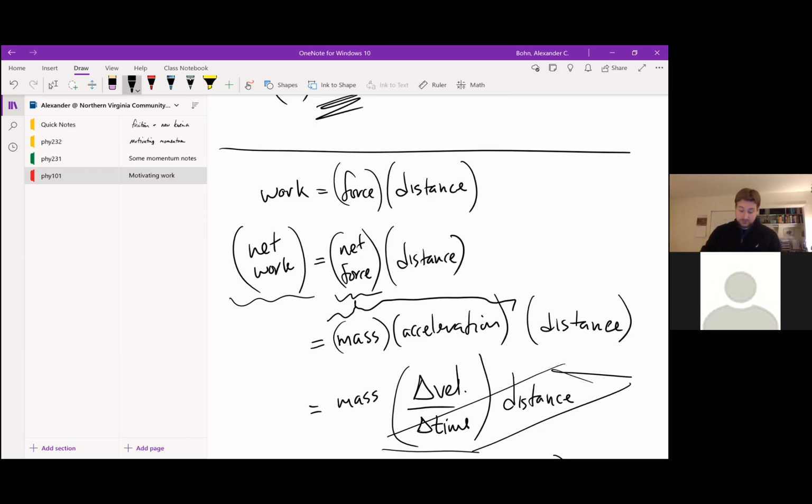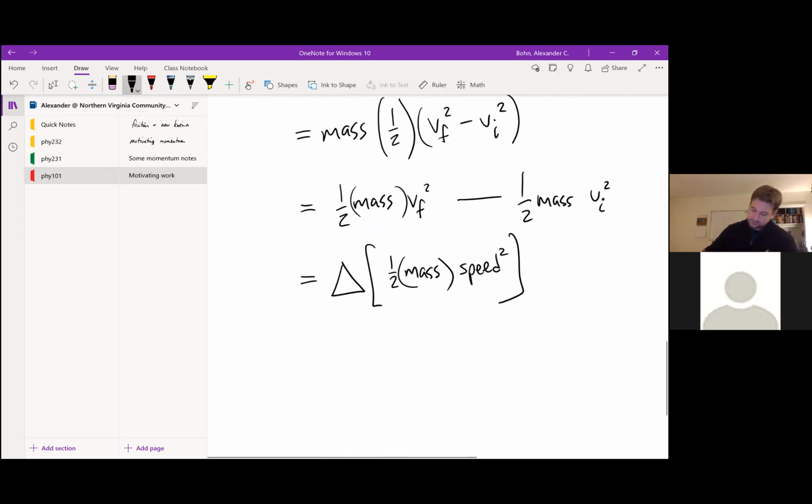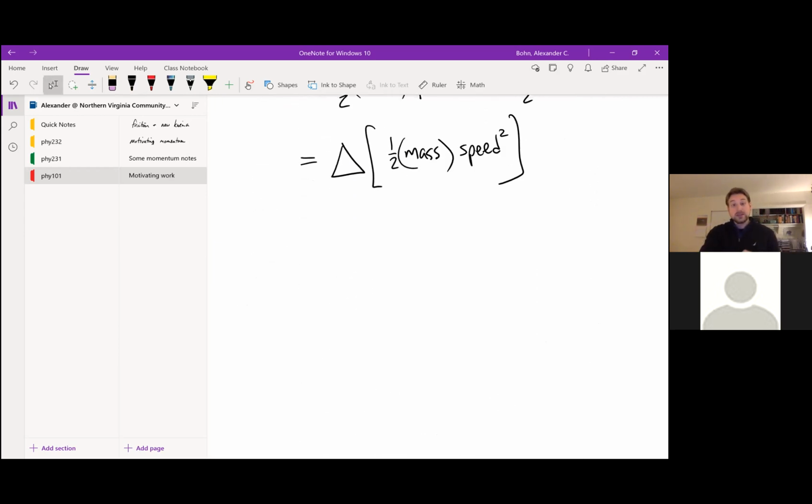Well, Newton's second law is the reason. It's all related to the net work, if we say that work is force times distance as opposed to impulse being force times time. Just like we did with momentum, I'd like to give this thing a name.